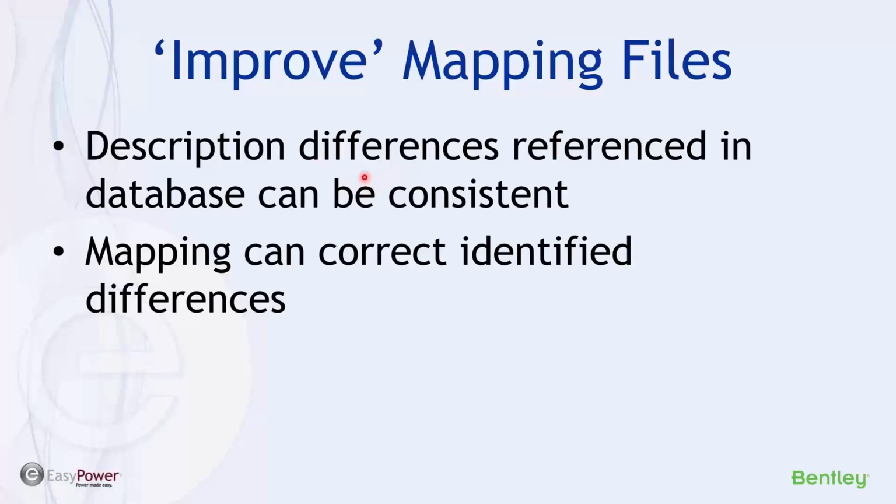In very large files, it's easier if you do a gross mapping examination, specifically for multi-case circuit breakers, because they're less complicated than the associated low voltage power circuit breakers. So by improving these mapping files, you can identify the differences. Let me get into EasyPower and let's talk about this.